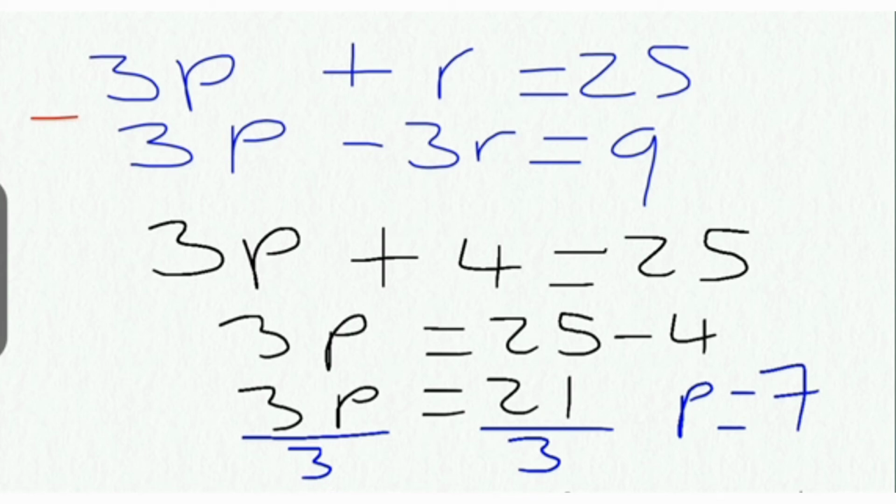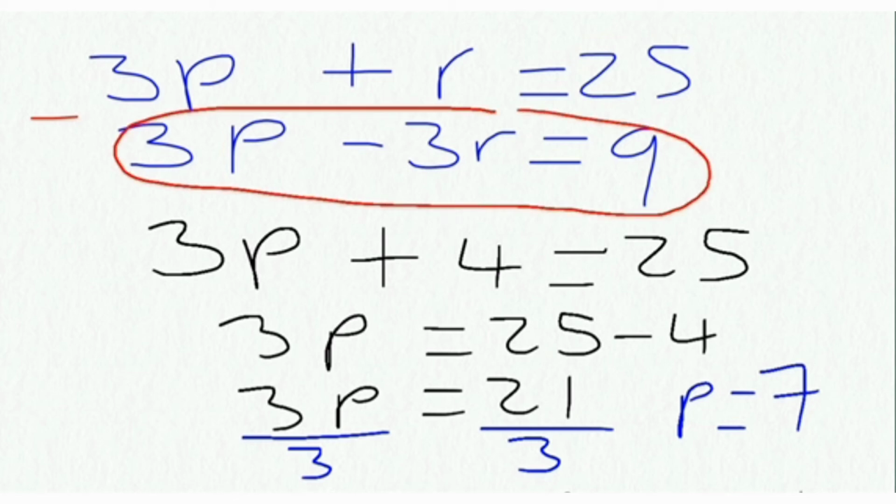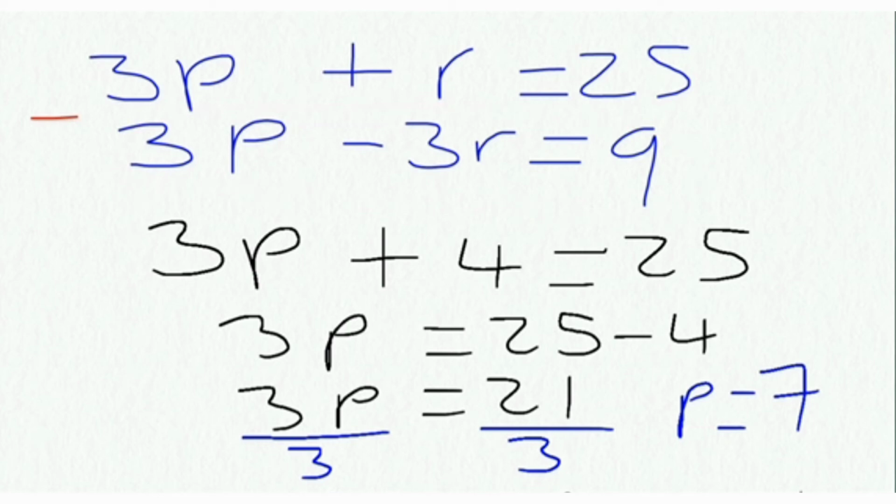Let us prove. What is 3 times 7? That is 21. Plus 4 is 25. You can prove either in this equation or in the original one. 3 times 7 is 21 minus 3 times 4, what is 12? 21 minus 12, that is 9.